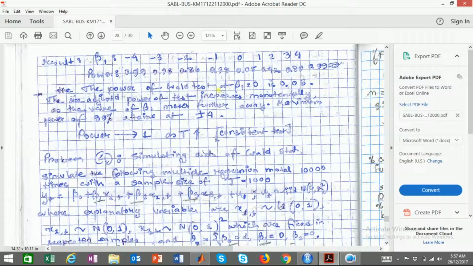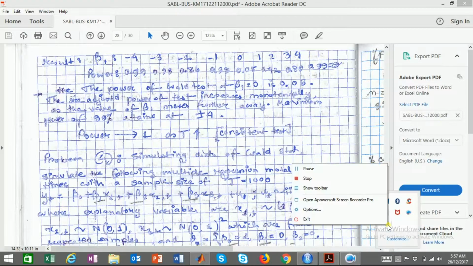Maximum power of 99% is attained at plus or minus 4. So as T increases, the power of the test increases. That proves that it's a consistent test. So this is where the theoretical part ends. Next we will talk about MATLAB.